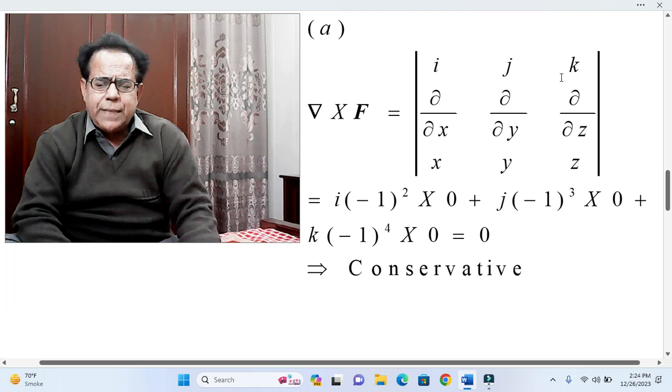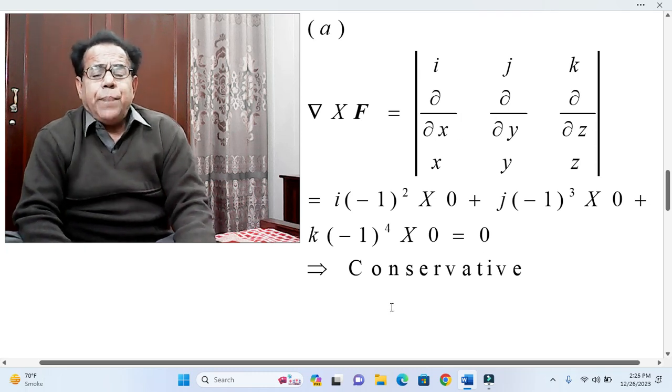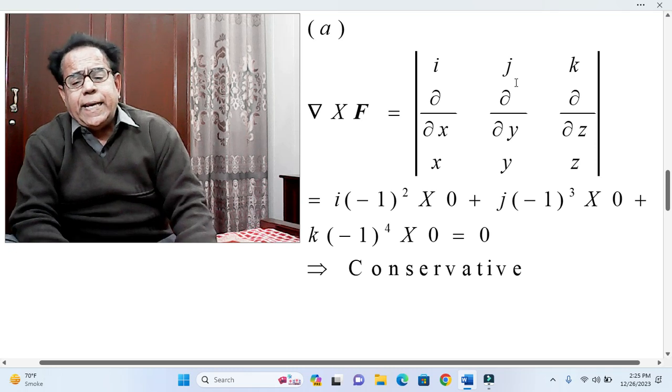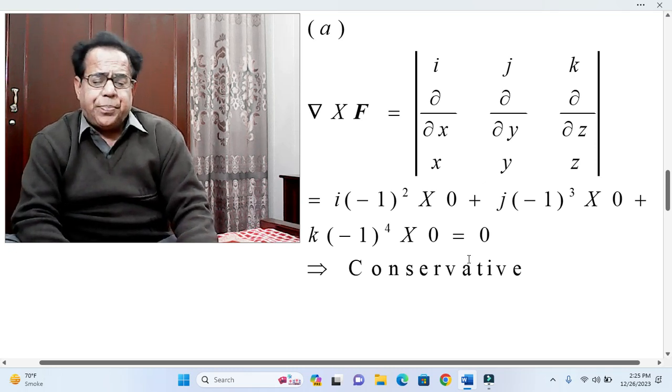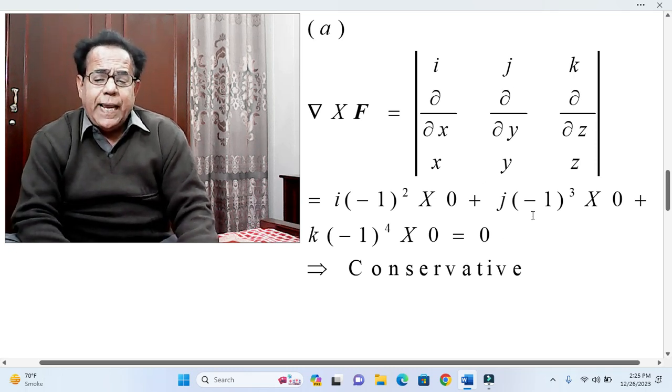Similarly plus k: third column and first row are treated as omitted, and we multiply this minus this. But actually the minus with j is due to the reason that an odd power of minus 1 is always minus.